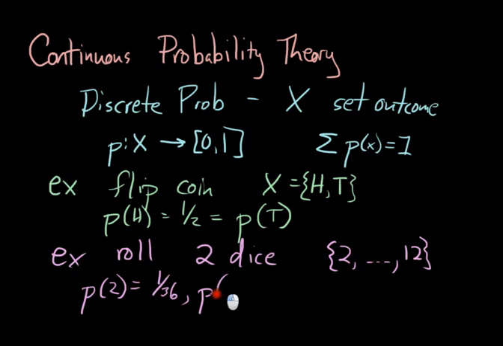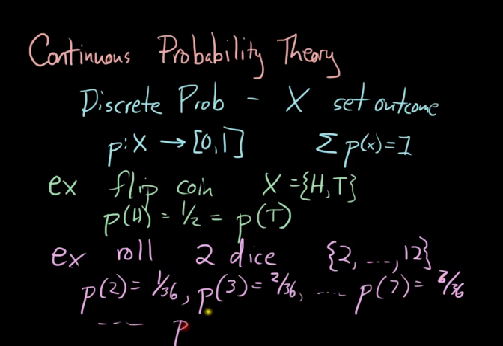For a 3, though, you could get either a 1, 2 or a 2, 1, so the probability is 2 in 36. It keeps getting bigger till you get up to 7, which is 6 in 36. And then it starts getting smaller again until you get to 12, which is 1 in 36. So these were a couple examples of discrete probability distributions.